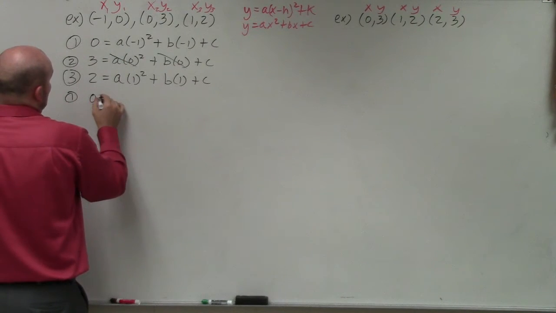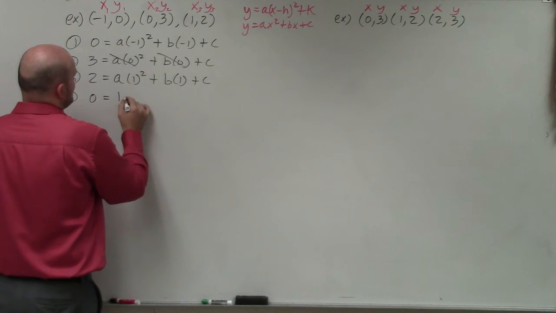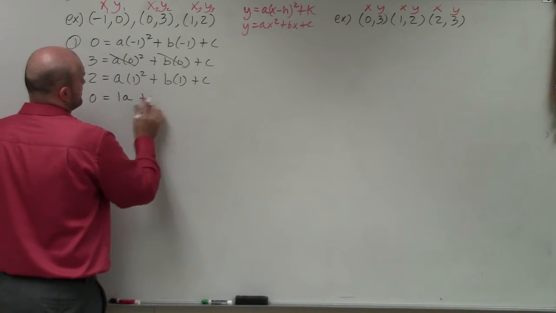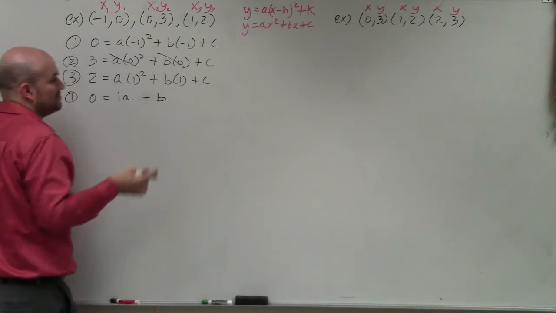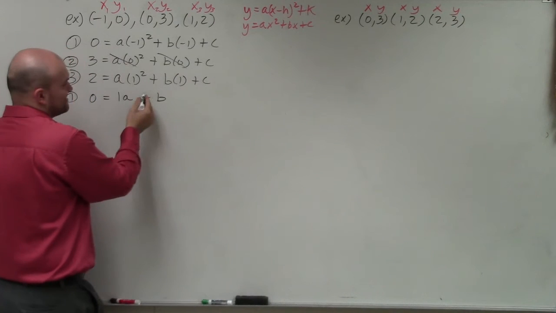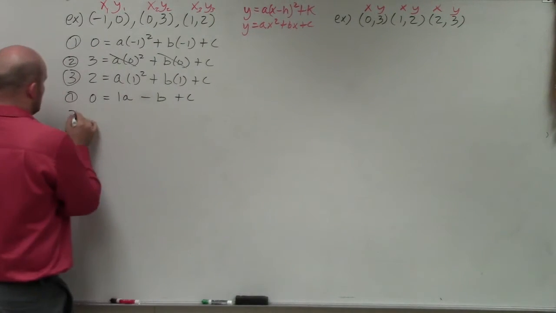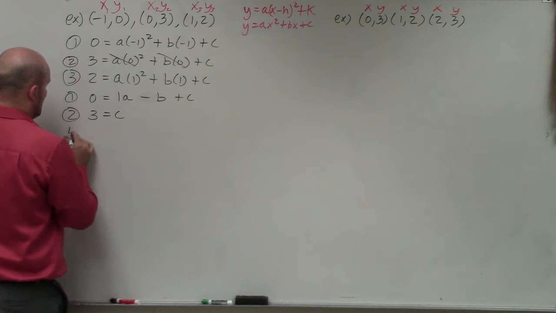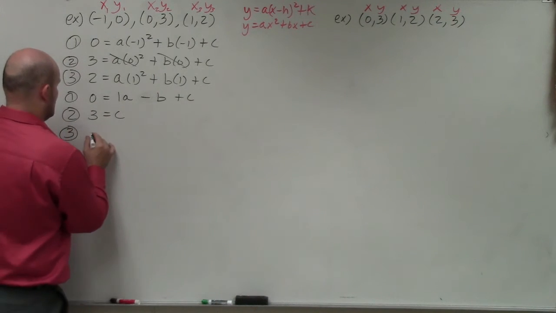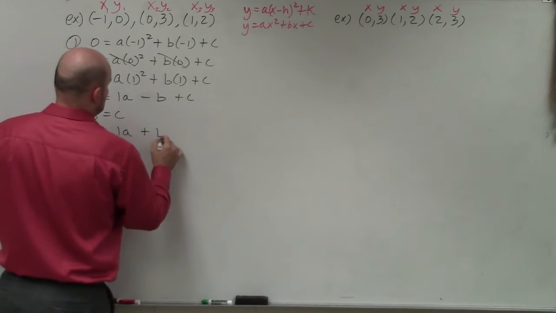Here I have 0 equals -1 squared, which is 1, so 1 times a, minus b, because -1 times positive b is a negative b, and then plus c. Equation 2, as we mentioned, 3 equals c. And equation 3, we have 0 equals 1a plus b.